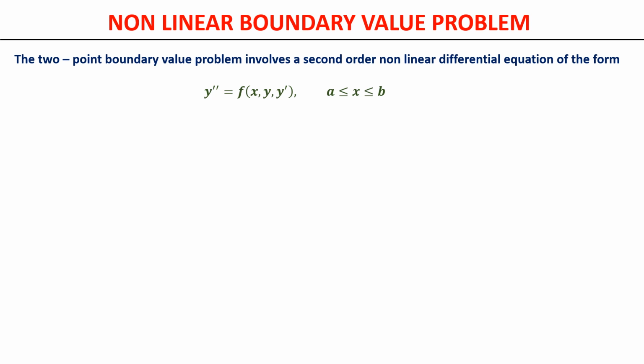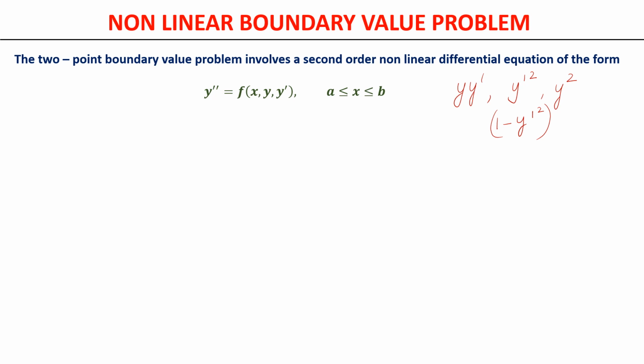What we mean by nonlinear terms is a product of the form y dash, or say y dash square, or simply even y square, or 1 minus y dash square, etc. These are some of the nonlinear terms.